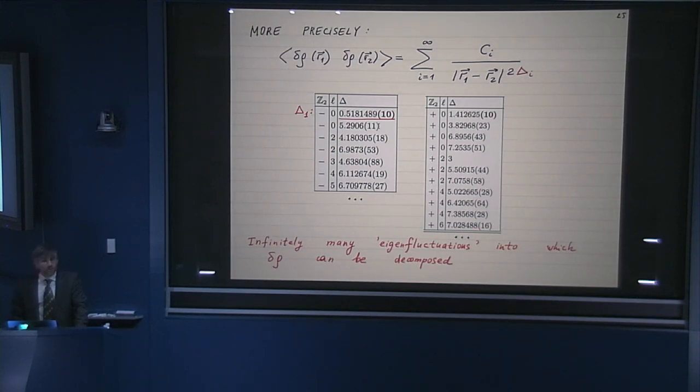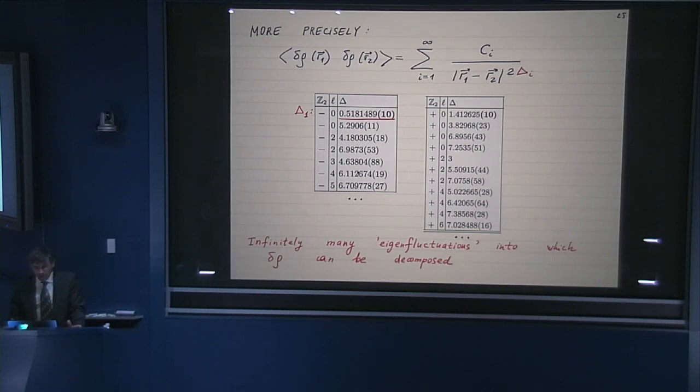And all of these numbers are equally universal. So not just the first of them, but all of these numbers are critical exponents, and all of them are equally fundamental. But the constants are not universal. You're completely right. These constants are not universal. There are going to be some later on constants which are universal. I'm coming to that.